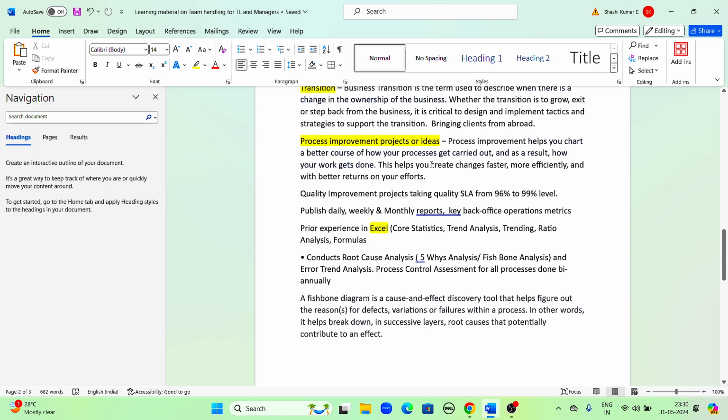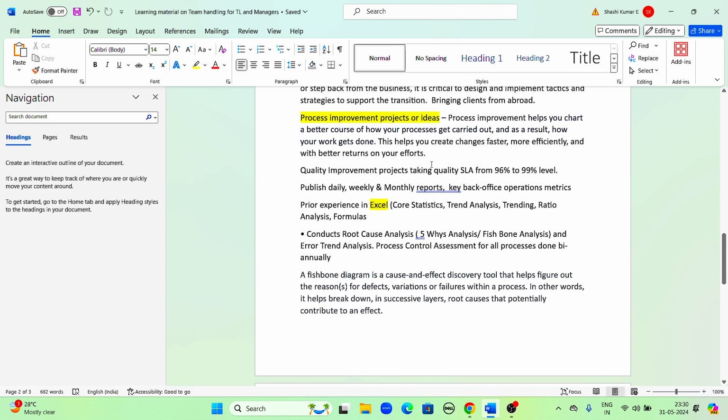Okay, next let's talk about process improvement ideas or projects. Any process wherever you work, in case you feel it's a very long, tedious process, we can cut it short, or give feedback on any improvement which can be shared with the manager, so that it can be implemented if it is really working out, and definitely you will get recognition in front of the team.